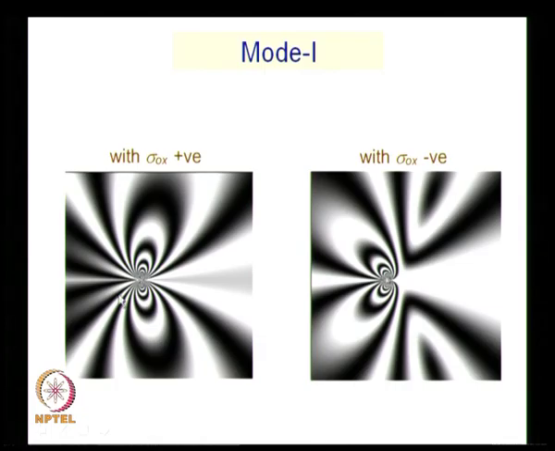In one case the fringes are forward tilted, in the other case the fringes are backward tilted, but in both cases the crack would advance in the forward direction. Later on we will show that it is indicative of the triaxiality constraint. It has nothing to do with the crack propagation direction; it is dictated by the triaxiality constraint. You will have to wait for some time and appreciate that.